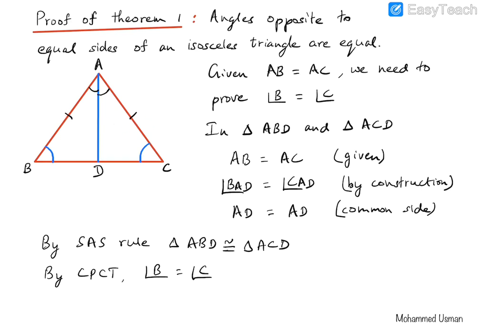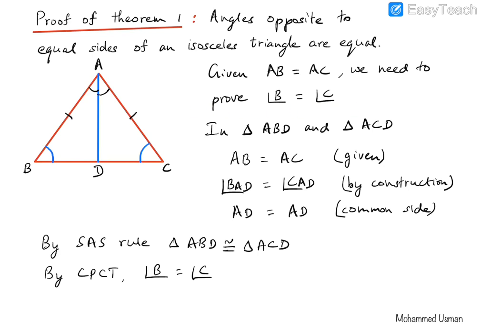So in an isosceles triangle, if we have two sides which are equal, then the angles opposite to them are also equal. Hence we have proved angle B is equal to angle C, which is what we were supposed to prove.